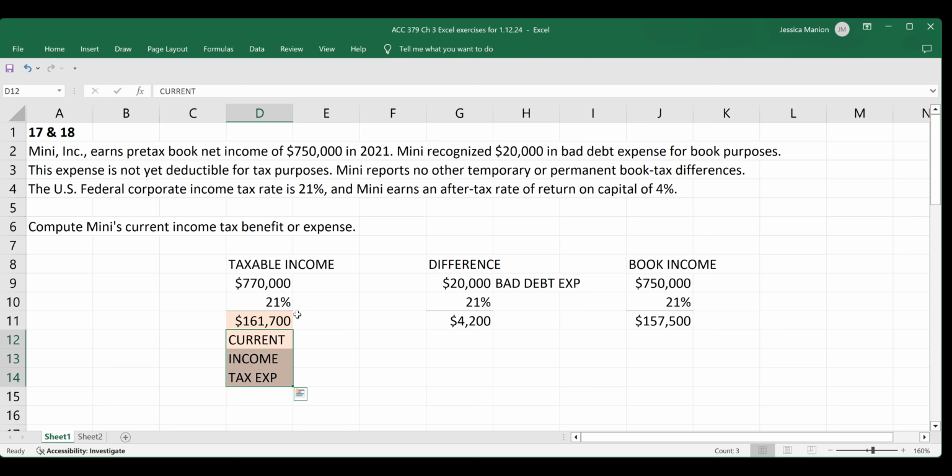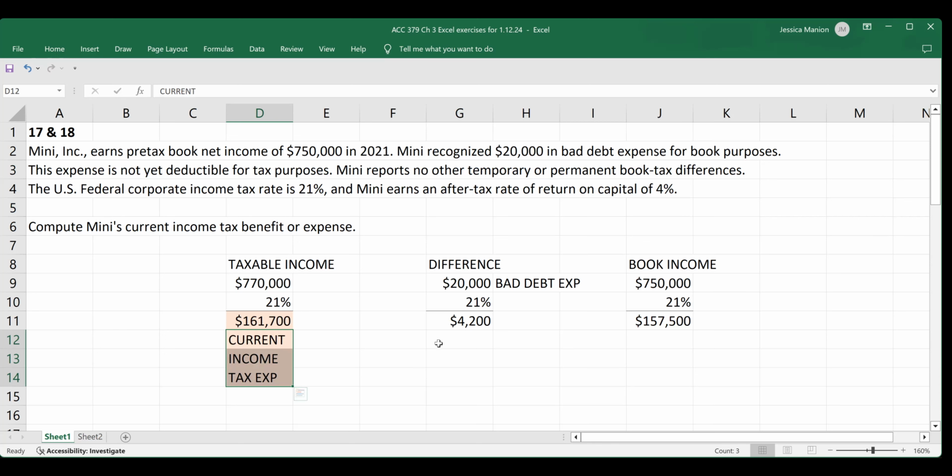This particular problem is on page 32 of our book. Number 18 says, using the facts of problem 17, determine Minnie's 2020 deferred tax asset or liability and the deferred tax benefit or expense and total tax benefit or expense.